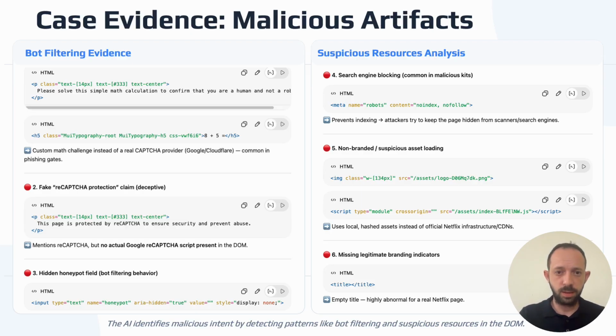So it implemented a captcha. Now that could be malicious, but I'm still not sure. I need to verify more artifacts and continue with my investigation.